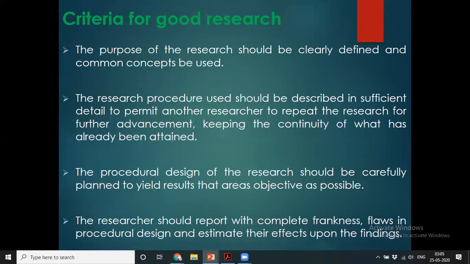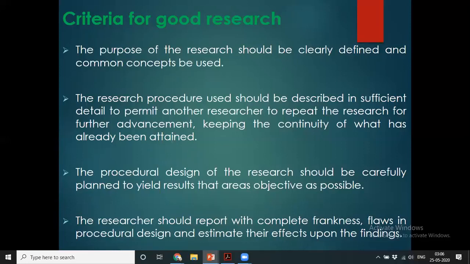Then criteria for good research. What are the different points we have to keep in mind while carrying out research, by which your research should be considered a good research? First, the purpose of the research should be clearly defined and common concepts should be used. That means, what is your objective, what is the purpose of your research?